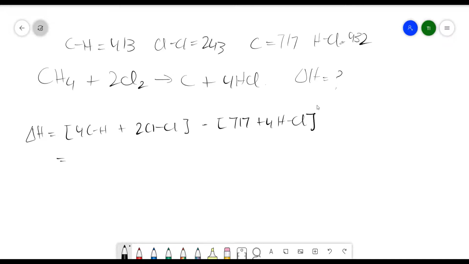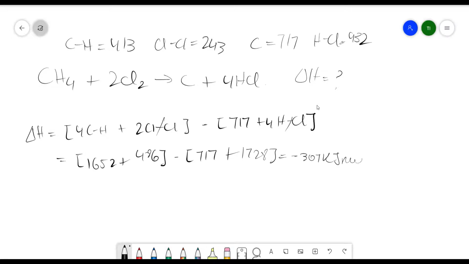So that's equal to 1652 plus 2 times Cl-Cl, that's 486, minus 717 plus 4 times HCl, and that is 1728. So your final value is minus 307 kilojoules per mole. Okay, this reaction also is exothermic.